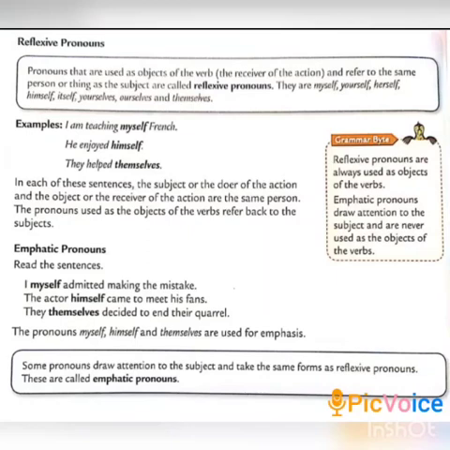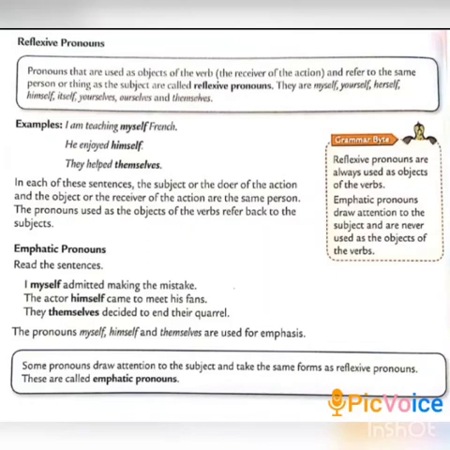Now, next type of pronoun is emphatic pronouns. Read the sentences. I myself admitted making the mistake. The actor himself came to meet his fans. They themselves decided to end their quarrel. The pronouns myself, himself, and themselves are used for emphasis, meaning to point out.